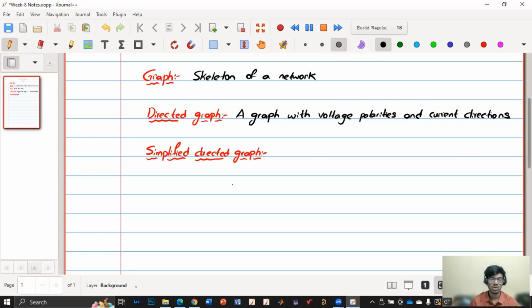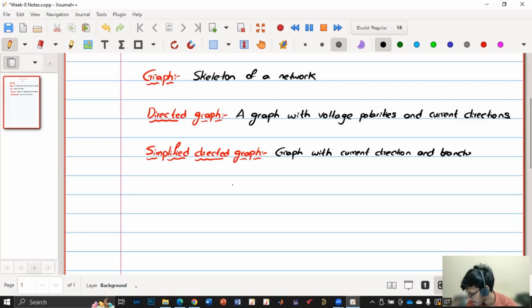Here we'll only show the current direction and we'll name the branches. So this is just a graph with current directions and the branches named as a number. We'll understand this better by considering one example.